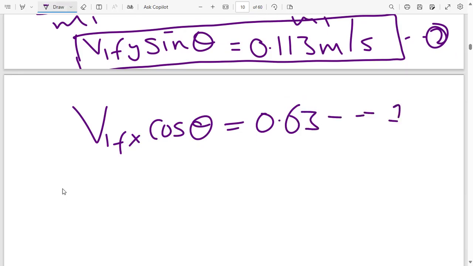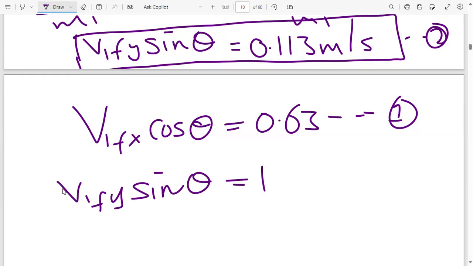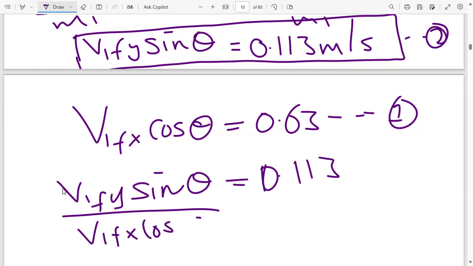We divide v1 final in the y sine theta, which is 0.113, by v1 final in the x cos theta, which is 0.63. So the v final and the v final cancel out here.